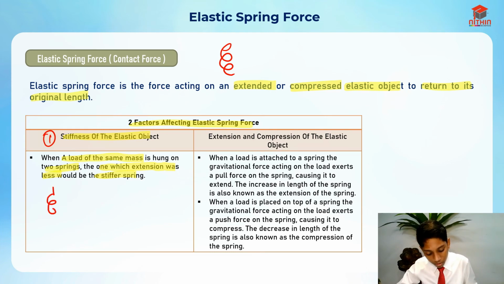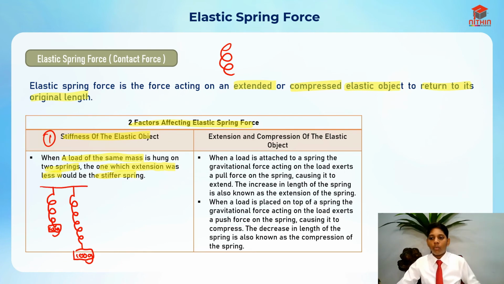If I have a spring over here and another spring, and this one has a 100-gram weight, and this spring also has a 100-gram weight, the one with less extension will be the stiffer spring. So A or B, which is the stiffer spring? A, right? Because A has a lesser extension than B over here.